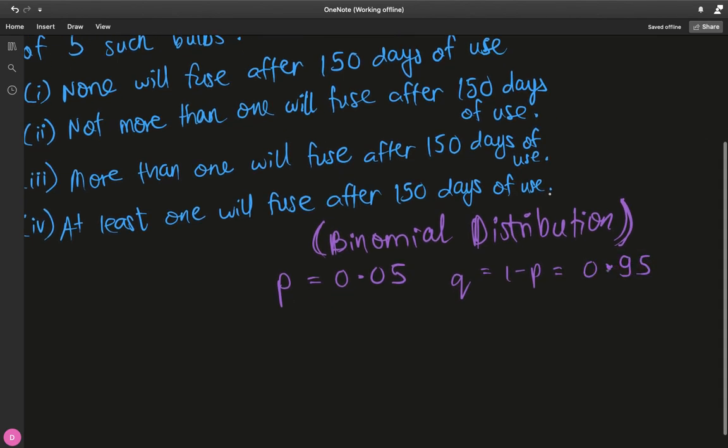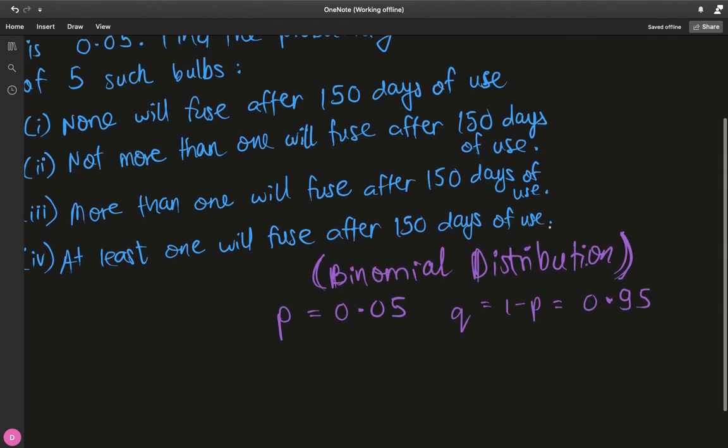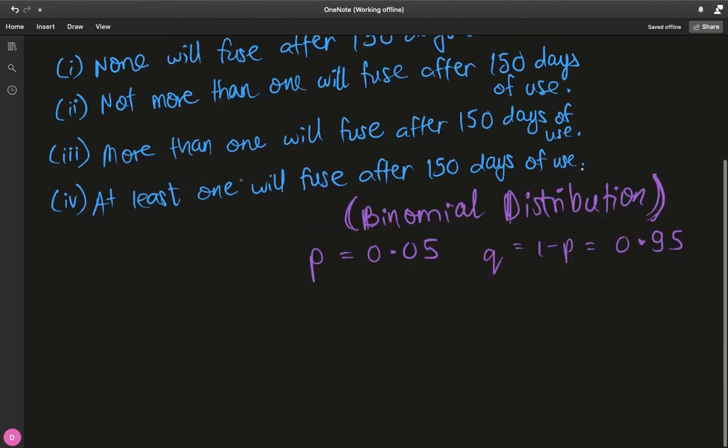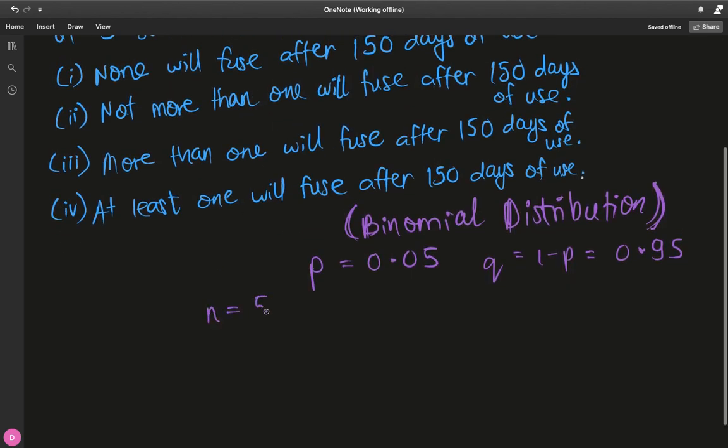Bulb will not fuse. Okay, and they've given us 5 such bulbs, so call N 5 the number of samples, you can say, or number of times this experiment is carried out.